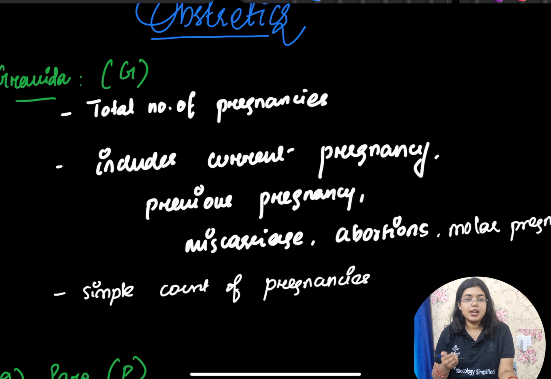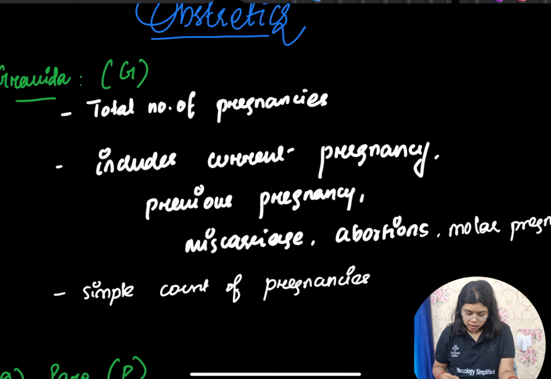What is spontaneous abortion? Spontaneous abortion means that without taking any pills, without the involvement of external devices or medications, or trauma, abdominal trauma, the fetus is expelled out. That is called spontaneous abortion.